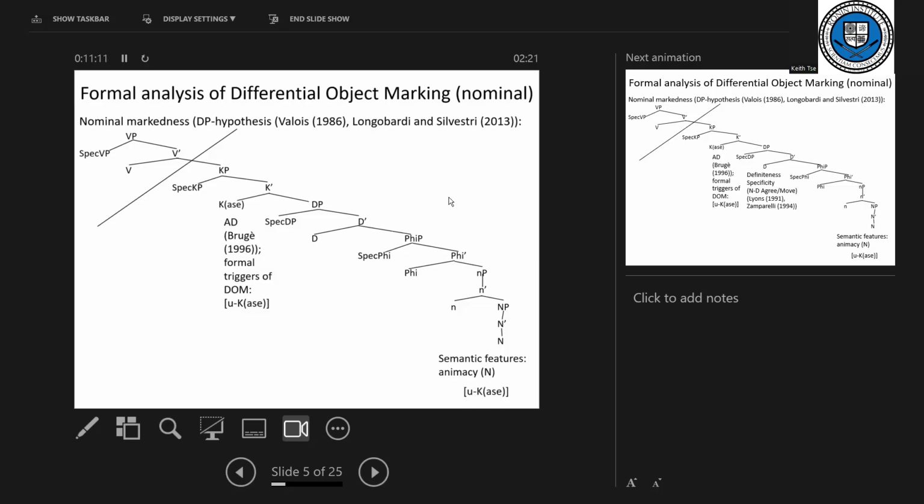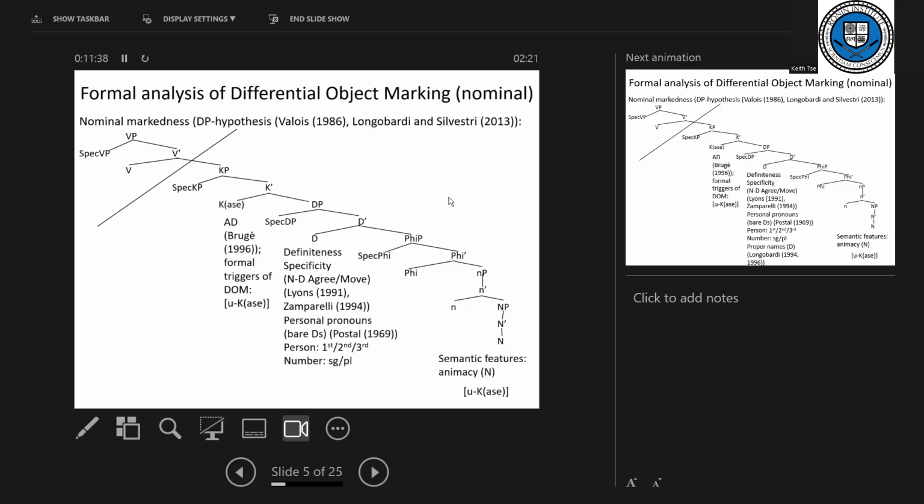So we can put a UK here. Definiteness and also specificity. So there are various D projections that trigger agreement or movement with noun. These can also trigger Dom, as we also saw in the previous slide. If noun is specific or definite, it can also trigger the case marking.